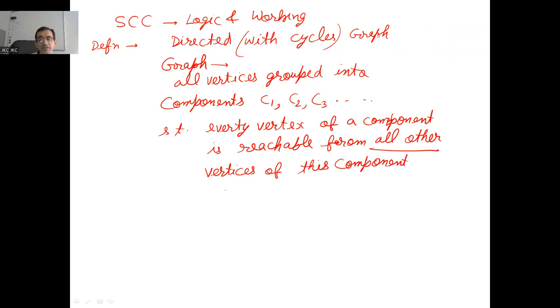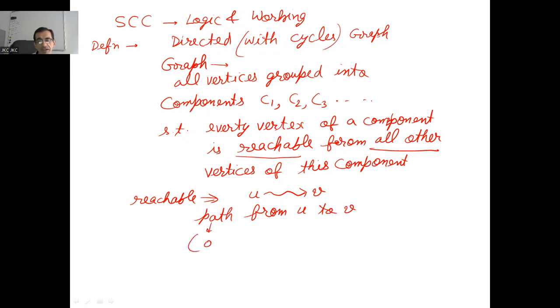And what does reachable mean? I'll explain. Reachable means, we show it as U to V, that there is a path from U to V. And path means a sequence of one or more edges.